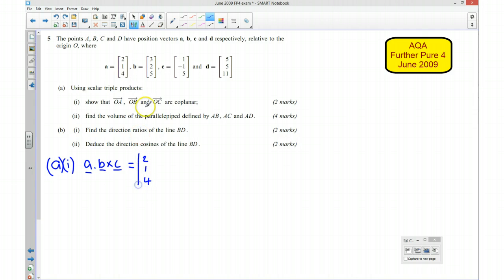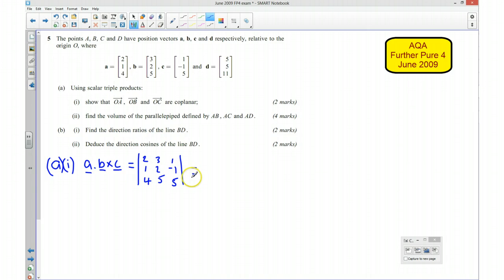So I'm going to have 2, 1, 4, 3, 2, 5, 1, -1, 5. You could have just done b cross c and then dotted it with a. This is essentially exactly the same thing.